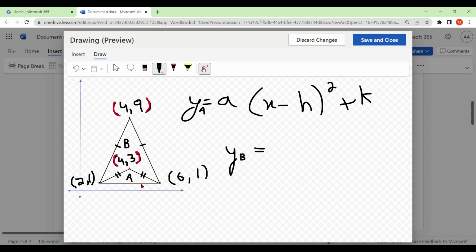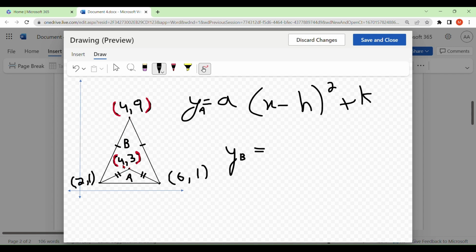In this case, as you can see, the points (2, 1) and (6, 1) remain the same for both the triangles. However, this point is changing from A to B.